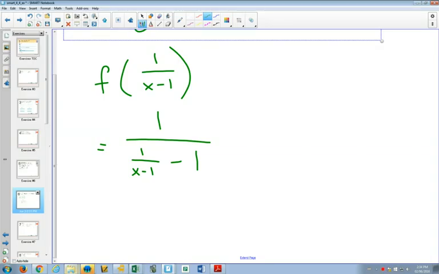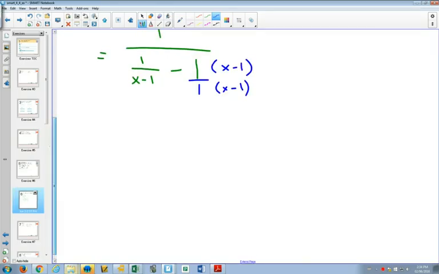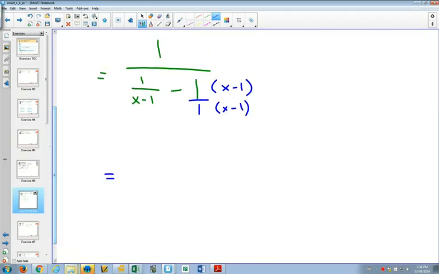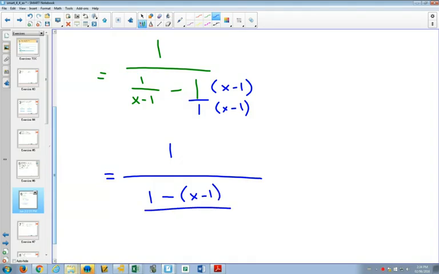So on the bottom, can you see that this is over 1? If I wanted to put those two together, I would need a common denominator. Again, use some space in between so you don't mix things up. I like to have a nice long line for the middle of my fraction. On the bottom, I'm going to have 1 minus x minus 1 all over x minus 1.